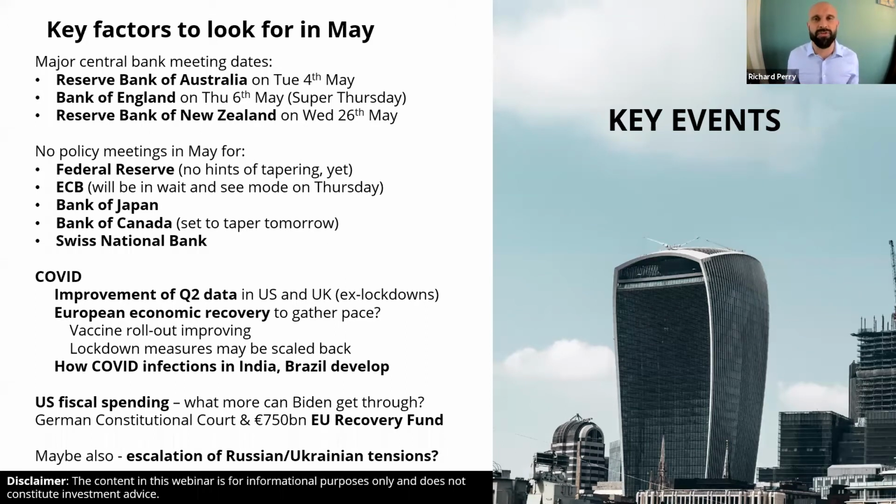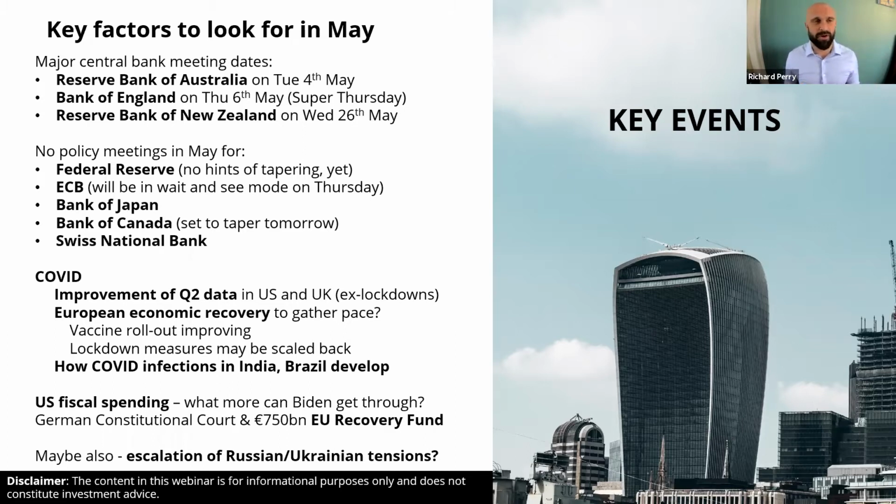I think there'll be some news possibly in May about that. And obviously, as I said, the US spending side as well, where we're at in terms of additional fiscal support. Now, emergency fiscal measures have been put through.